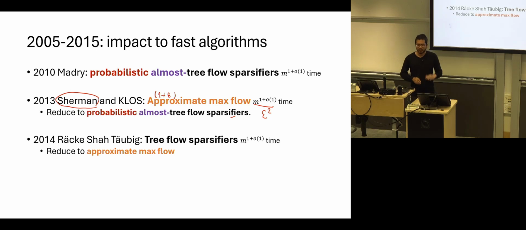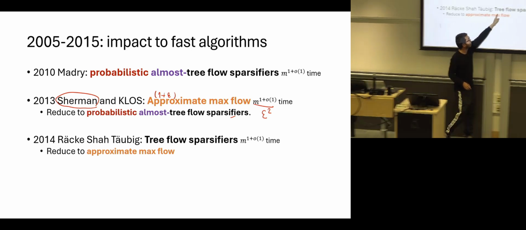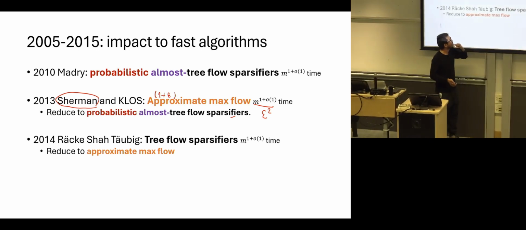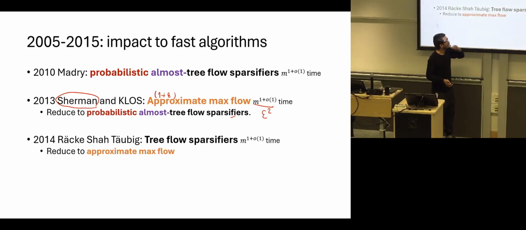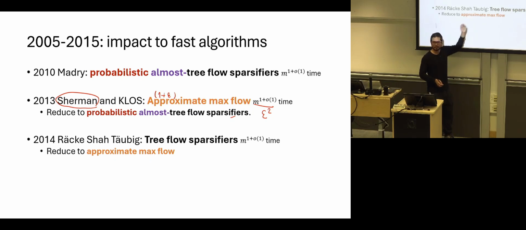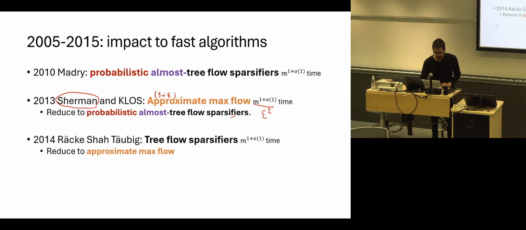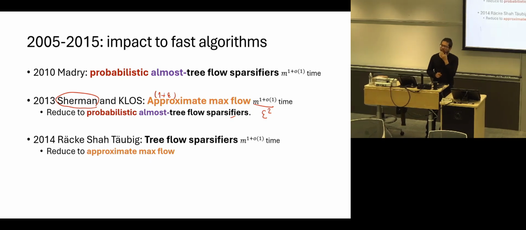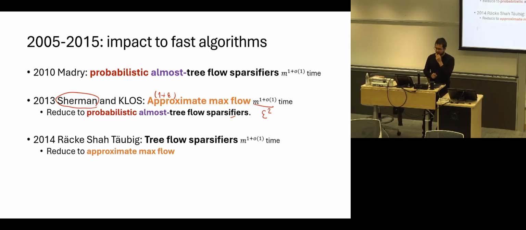You need to pay a bit more, there is some more complication, but you can make it work. So our tree flow sparsifier algorithm that calls approximate MaxFlow is now fast. We just learned this algorithm right before this lecture, I think.